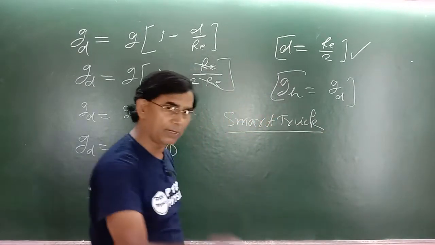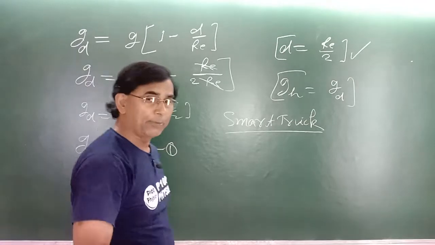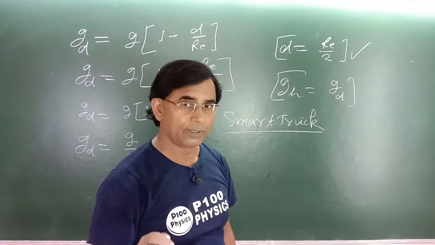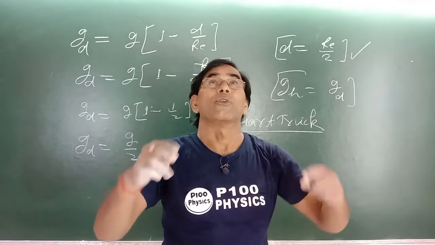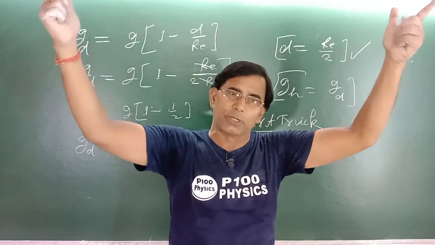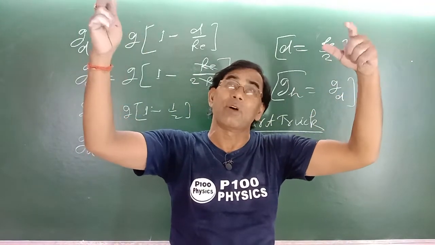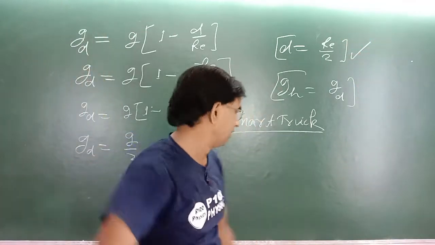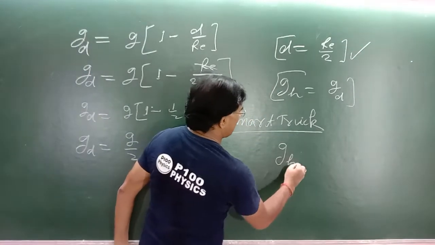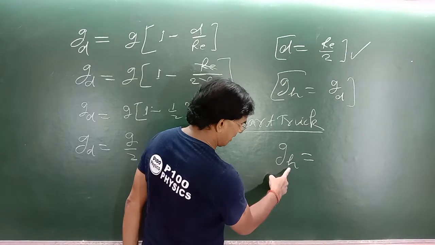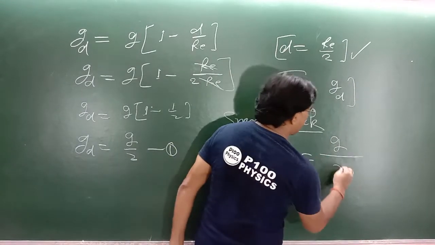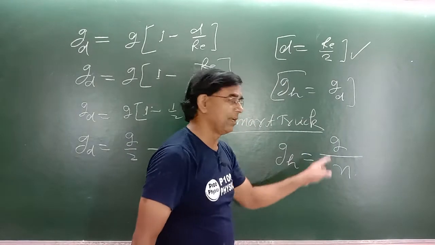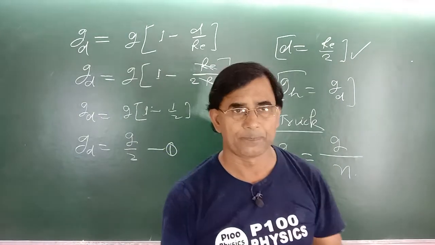You have to determine the value of h, at what height the value of acceleration due to gravity becomes so much. Let gh be g upon n, where g is the value on the surface of the earth.